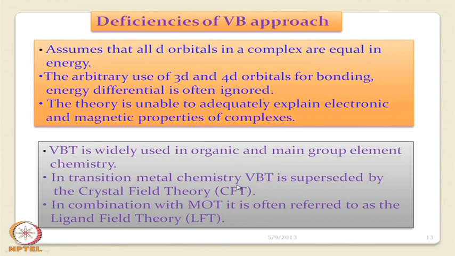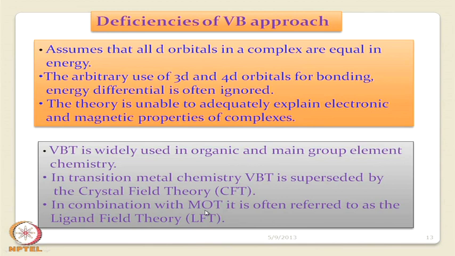Therefore, in transition metal chemistry, valence bond theory is superseded by crystal field theory, which we will discuss in our next class. After that, we will introduce the entire molecule itself, with the whole molecule considered in combination with molecular orbitals.